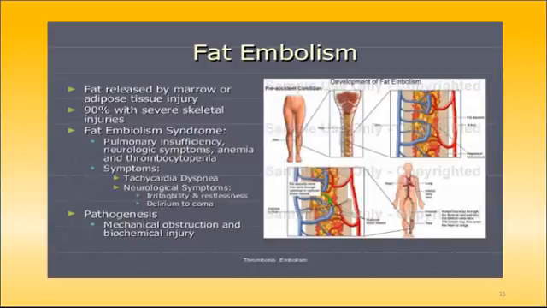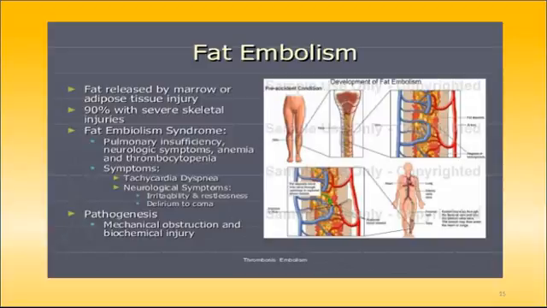The fatty particles are released from the bone marrow, from the yellow bone marrow, and they get into the bloodstream. They start to travel in the bloodstream, but they are very big and they block things. They can get to the lungs and they block the alveoli. If they make it, parts can make it through and get into the brain, causing the neurological symptoms.